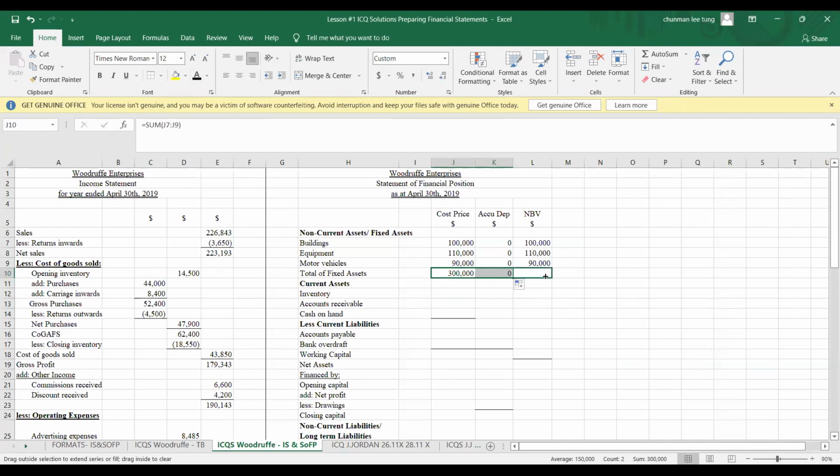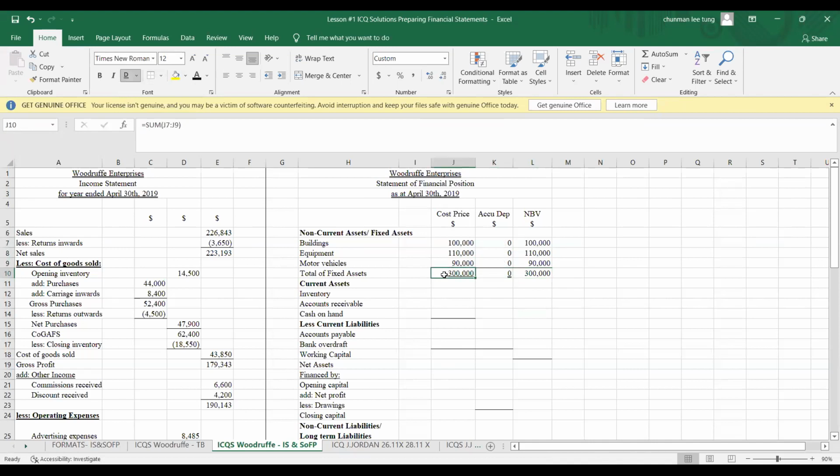And our total on this side comes up to be 300,000. All right. We are not doing anything to this part here. This is just our calculation of our net book value. This is our figure that we are moving on with.